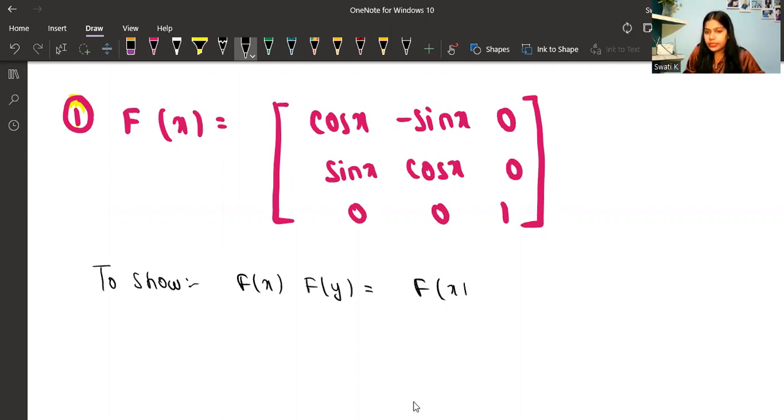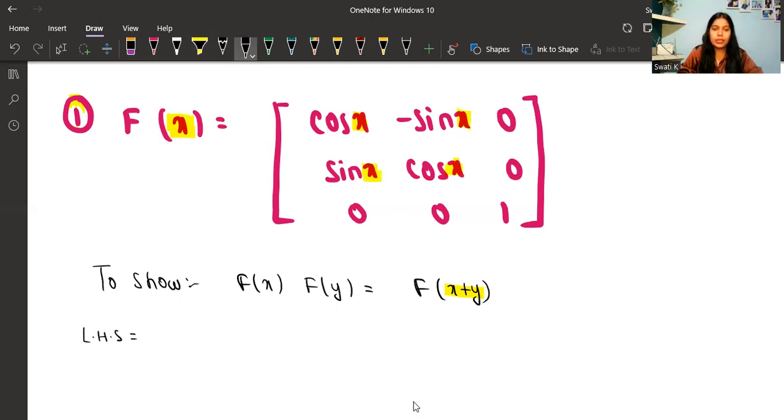Let me tell you the meaning of f(y) and f(x plus y), because f(x) you can see already. But if we have f(y), wherever it is x, that will get replaced with y. If it is x plus y, wherever it is x, again it gets replaced with x plus y. That is it. So we just need to start with the LHS.